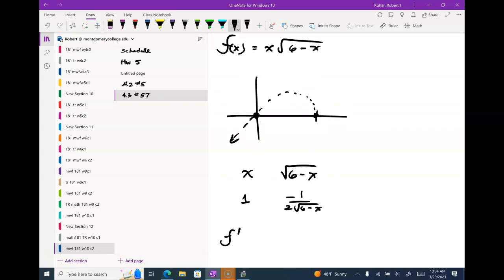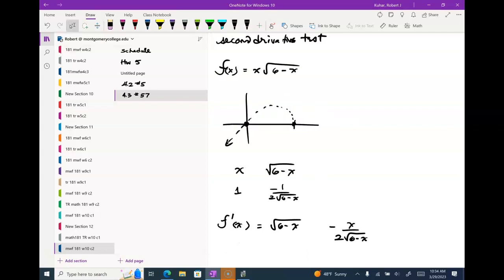So derivative here is what? Square root of 6 minus x over 2 square root of 6 minus x. I've got to get an LCD of what? 2 square root of 6 minus x. So I'm going to multiply this guy by 1 in the form of 2 square root of 6 minus x.